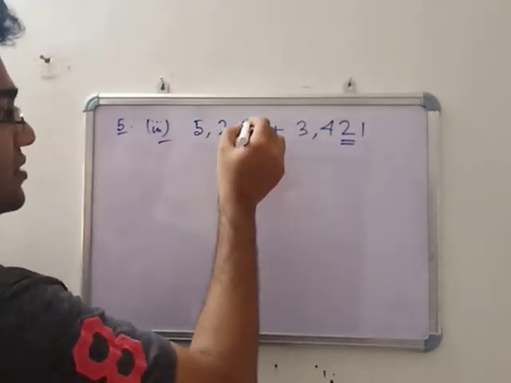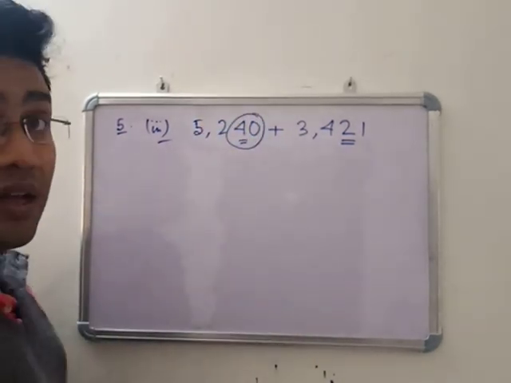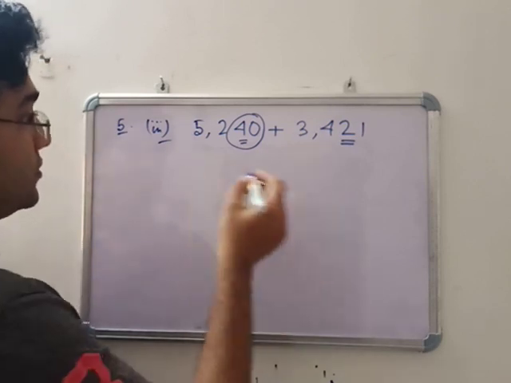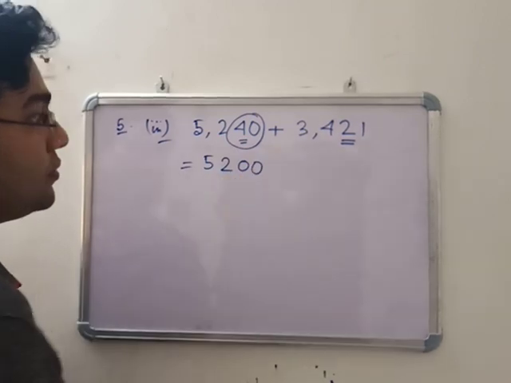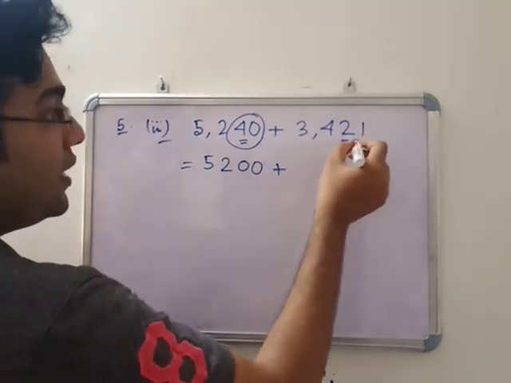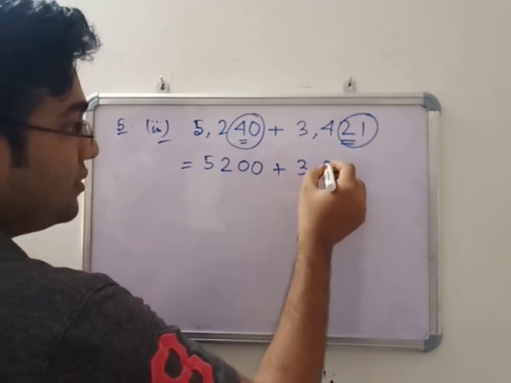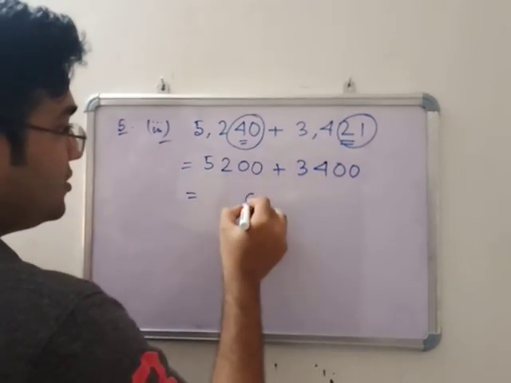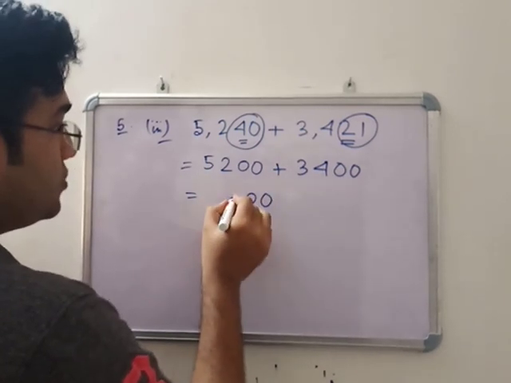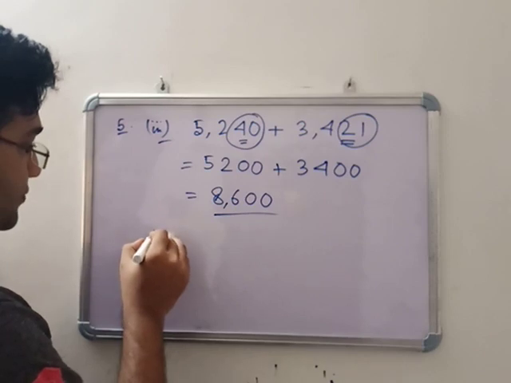The second number is 4. That means it is less than 50. So less than 50 means 5200. No number is added. Here also less than 50. That means no number is added. And this is 3400, so 5200 plus 3400. This is the answer.